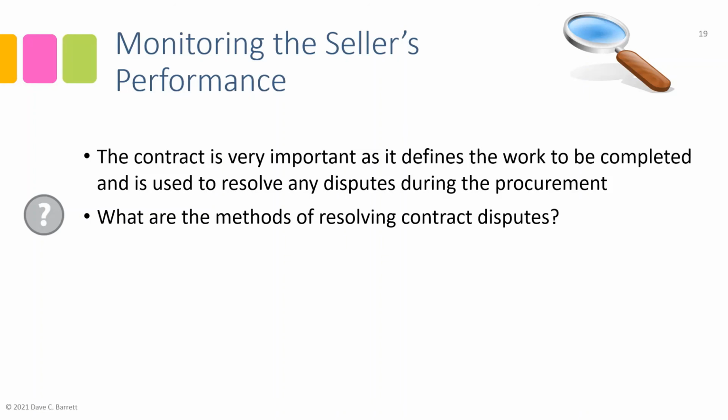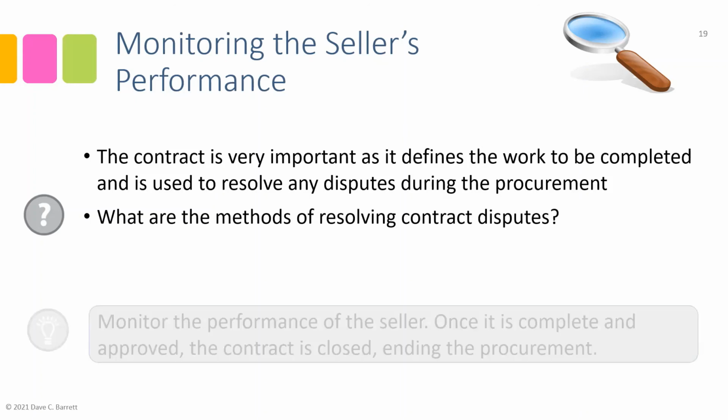Now that's the least desirable. It's very costly and so on. And that's why there's this graduated approach, and hopefully in most cases the negotiation, which is the least expensive and least costly. If you're in litigation, the procurement is in all likelihood unsuccessful at that point. So that's not something you want to do.